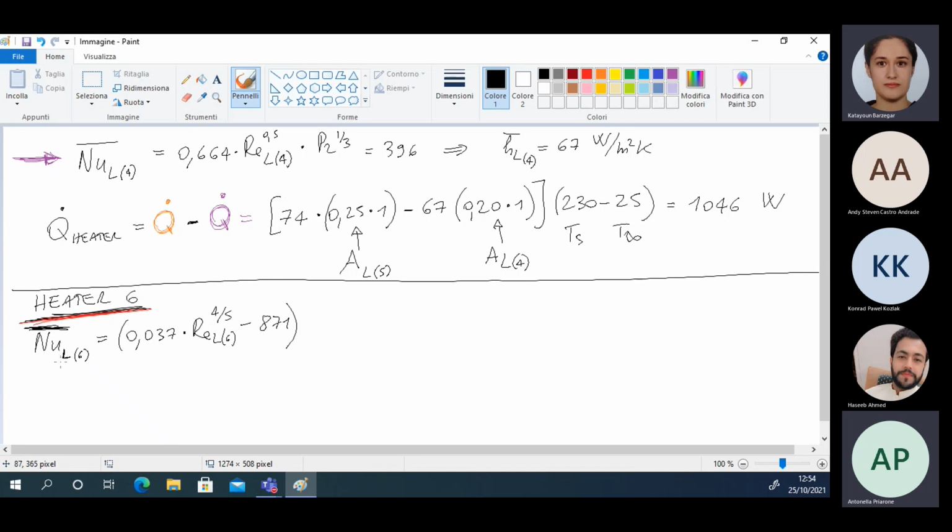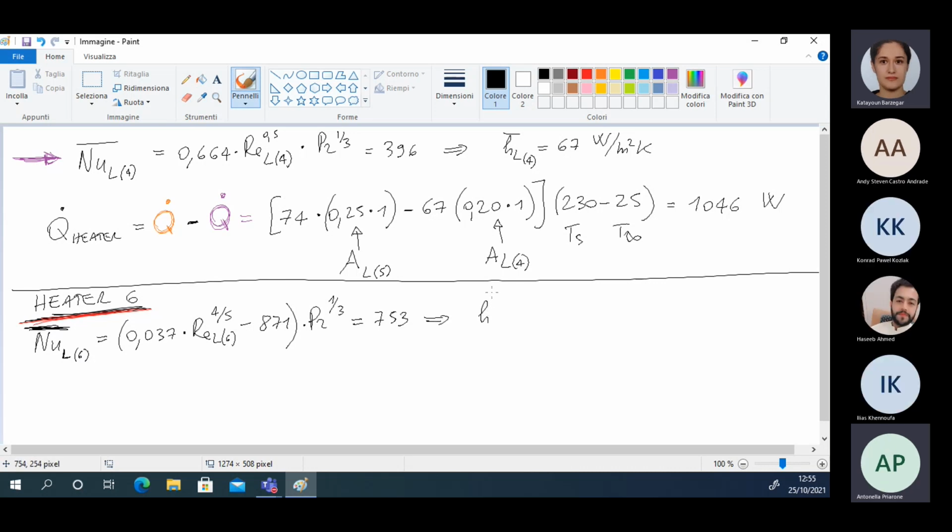I estimate using this correlation the average transfer rate from the beginning of the plate up to that point, and the value gives us 753, and as a consequence, HL is equal to 85 watt per square meter Kelvin.